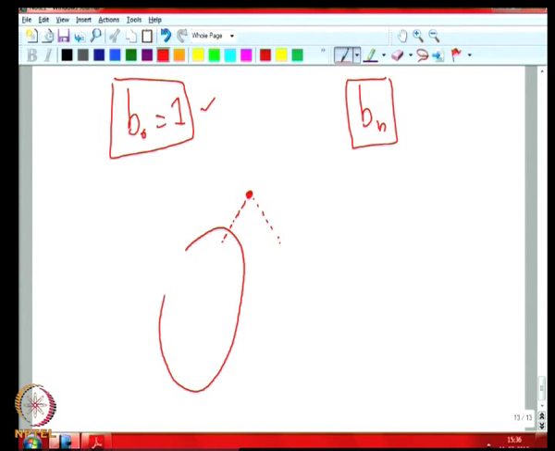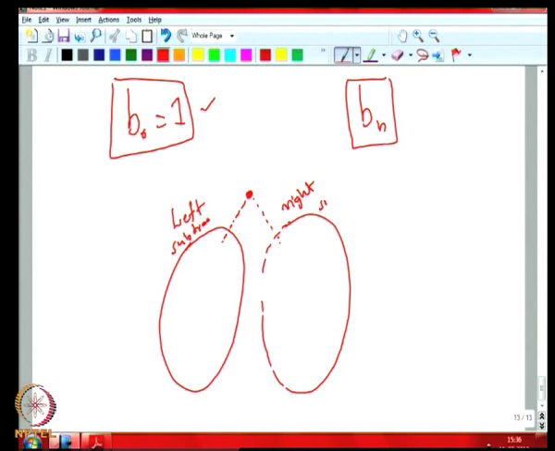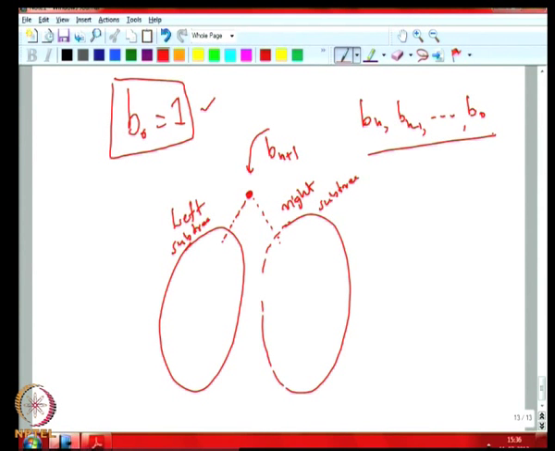This is the left subtree and this is the right subtree. Now let us say we are trying to get a formula for Bn plus 1 in terms of Bn minus 1 up to B0, right. This is our aim.